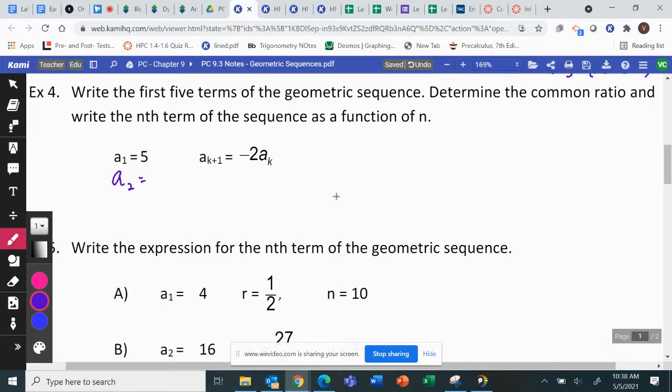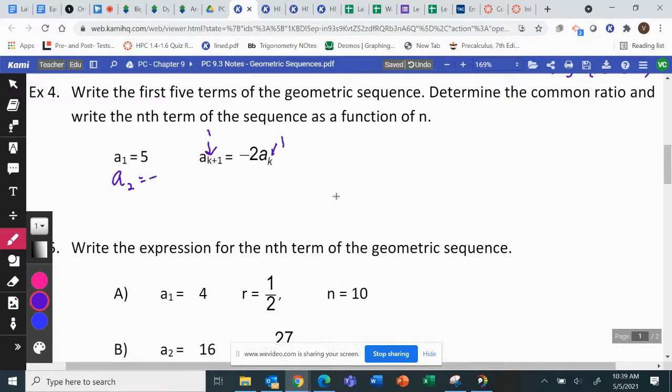To find a sub 2, what am I going to put in for k? Well, if I put in 2 here, I'm actually going to get a sub 3. So I'm going to put in 1, which means over here, k is going to be 1.